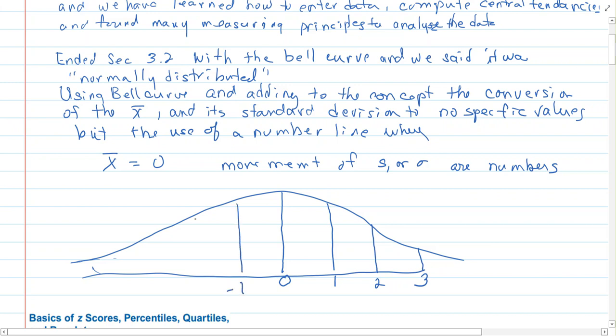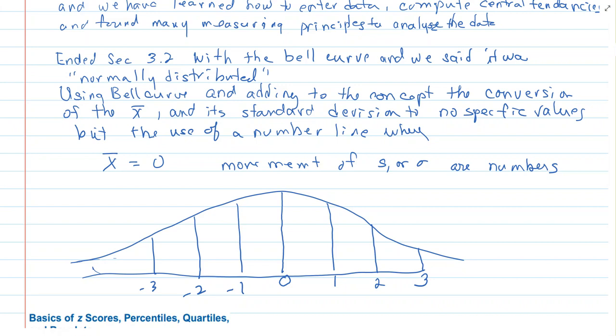This is a -1, this is a -2, and this is a -3. Of course, we can go to infinity because the bell curve never ends. But we primarily have the majority of our data within those 3 standard deviations.